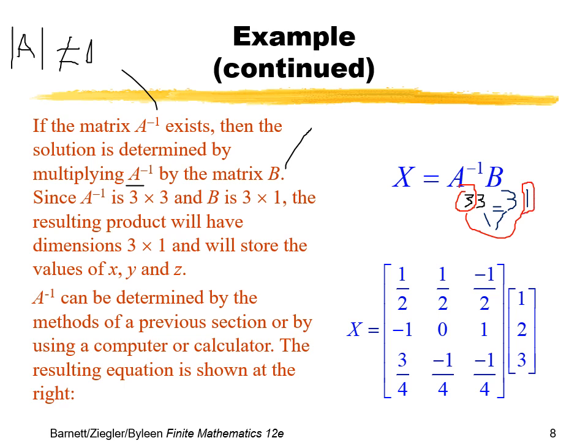So X equal the inverse times the constant. We will multiply it and see the result.